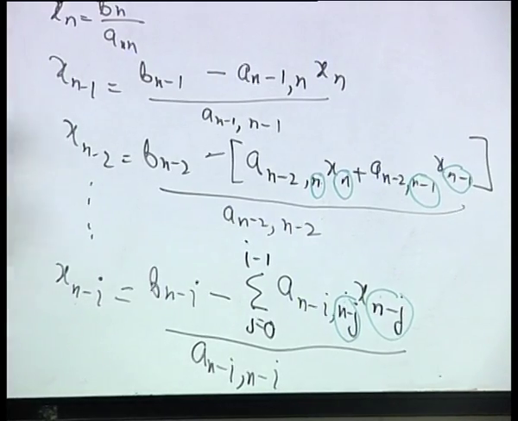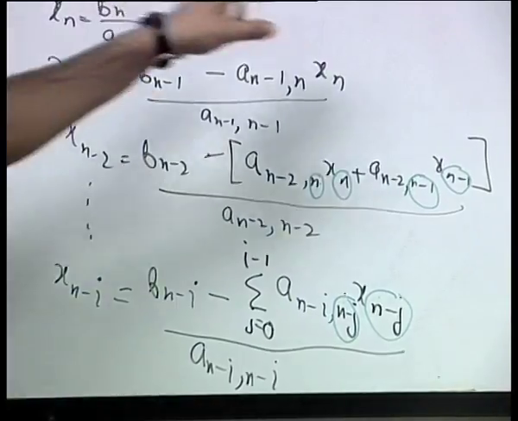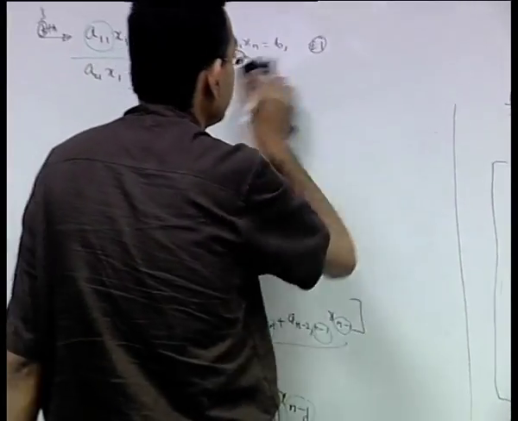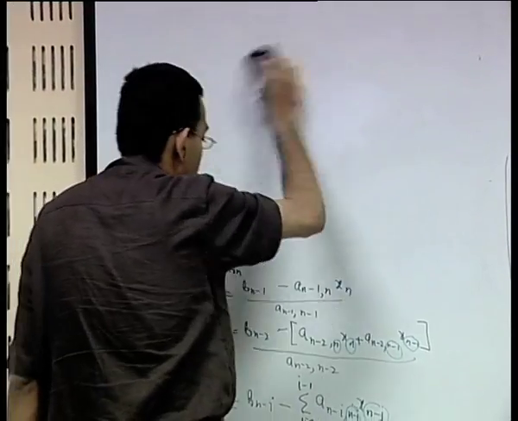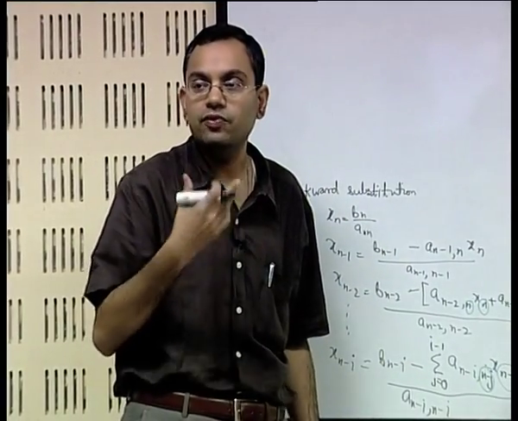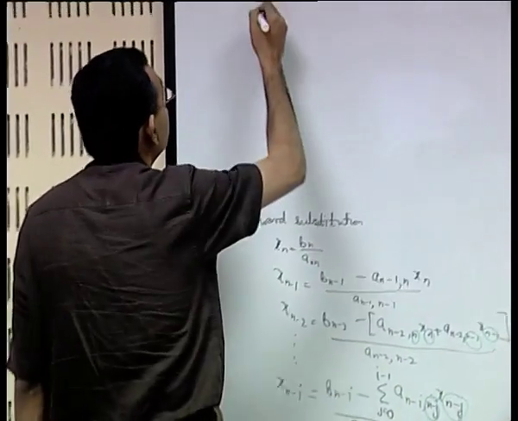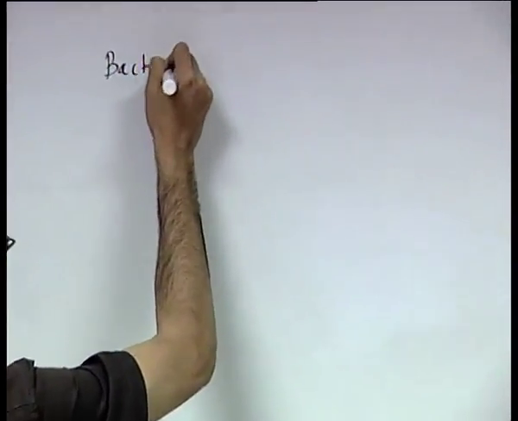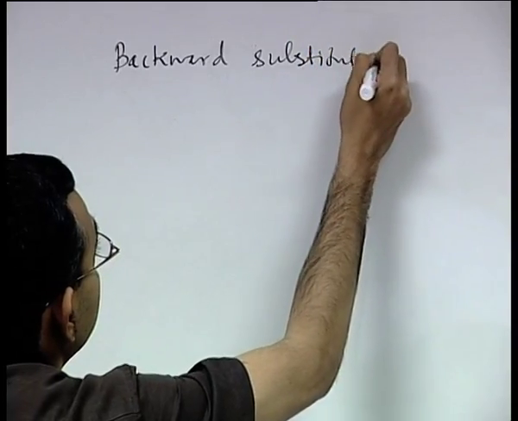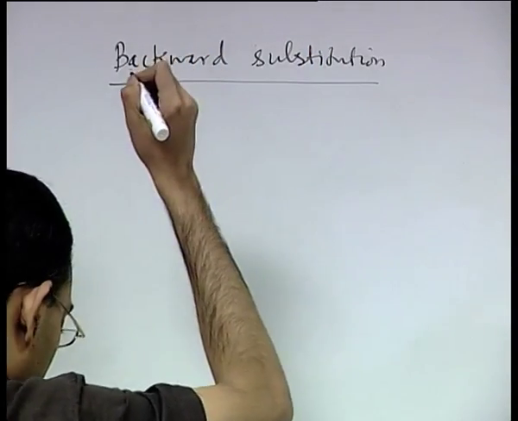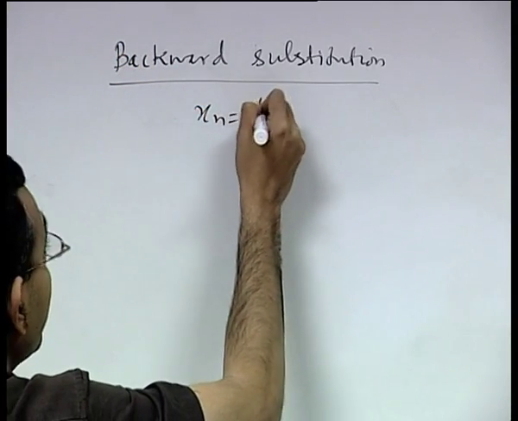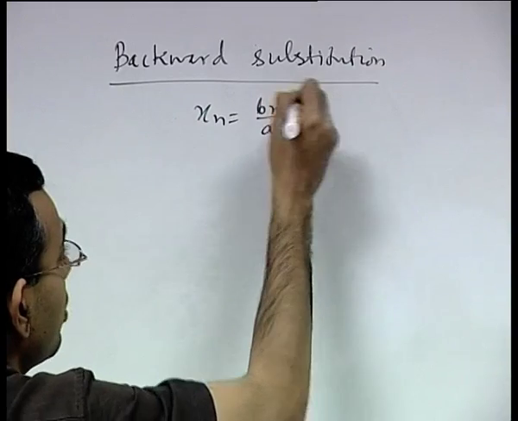So, let us try to write a formal algorithm for backward substitution as we have done for the forward elimination. Once you get a formula in terms of indices and summation, it is very easy to put that formula in the form of a for loop. So, backward substitution algorithm. First is x_n is equal to b_n by a_{nn}, this is straightforward, this is not within any loop.